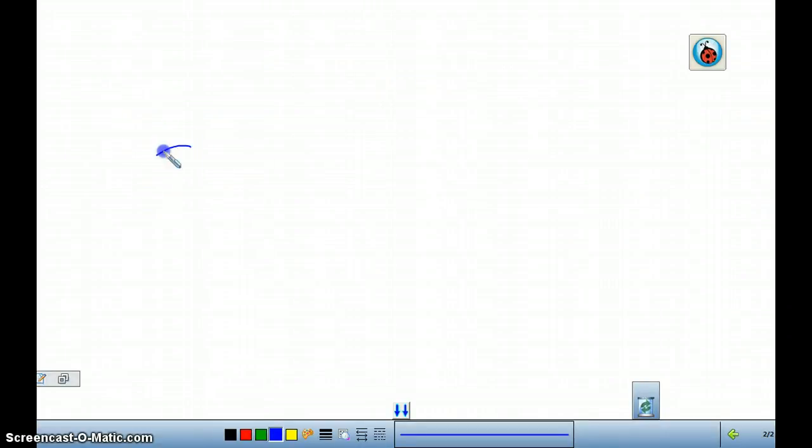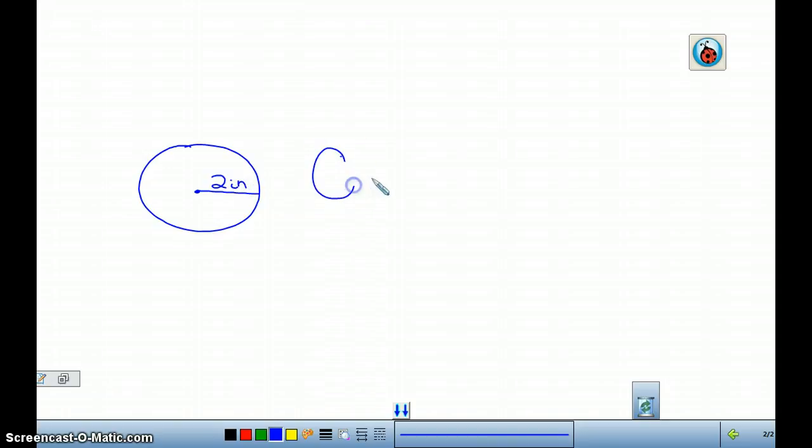Okay? So if you have a circle and you have a radius that's 2, like Austin just said, 2 inches, to find the circumference, I put C for circumference is equal to pi times the diameter, or by taking it times the radius and then taking it times 2. Either way.